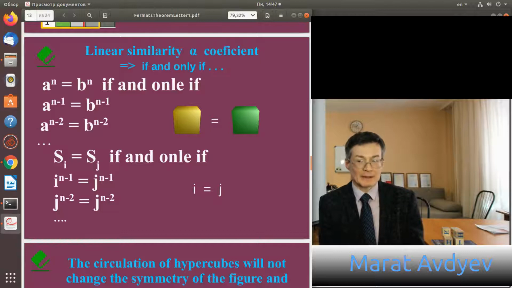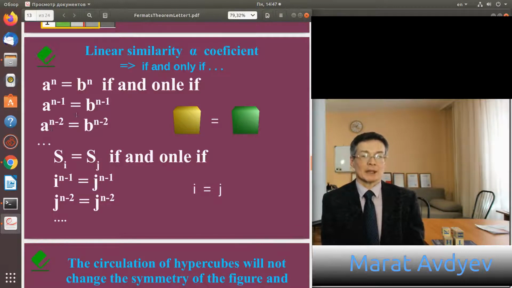Here are the faces, the volume n minus 2. We suppose that n is large enough, more than 2. Here is the picture. And we have the layer Si equals layer Sg if and only if E equals G. There is no other alternative.